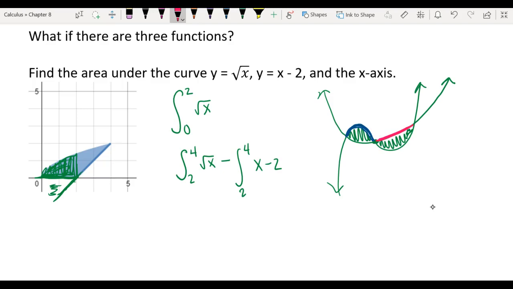So when that happens, you would integrate from here to here with this one on top and this one on bottom. And then you'd integrate again from here to here with now the one that was on bottom goes first and this one goes second. Okay? And there are a couple like this in your homework so that you can get some practice with it. Okay?